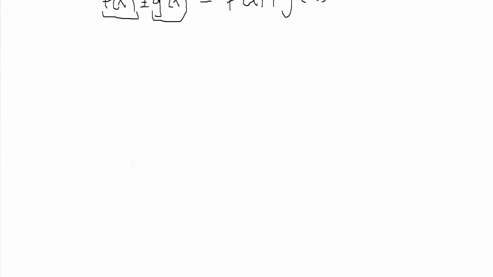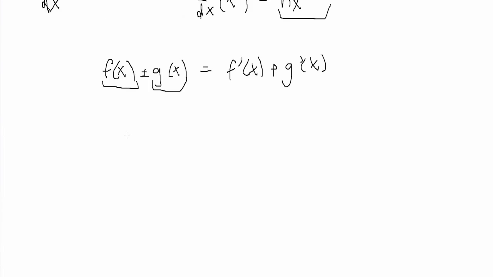So I'm just going to do a couple examples. The first one I'm going to do is f of x is equivalent to x squared. This was the curve that we were looking at the last lesson. So we want to find f prime of x, the derivative of x squared.